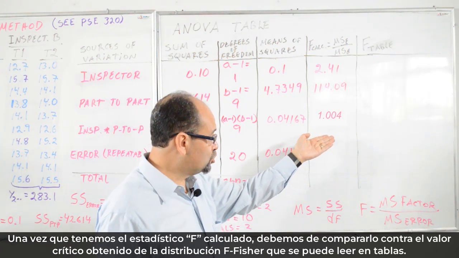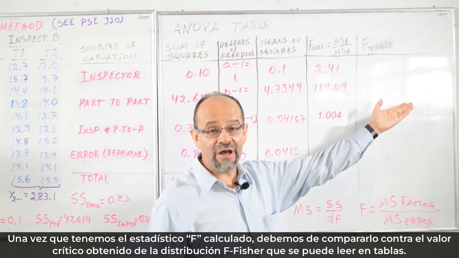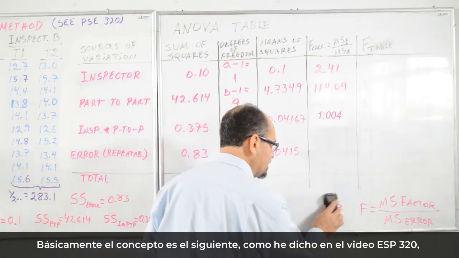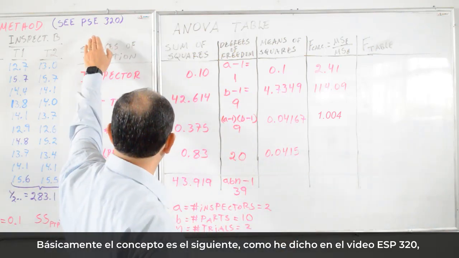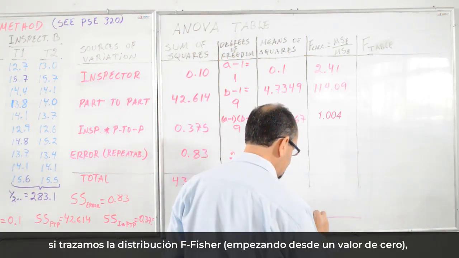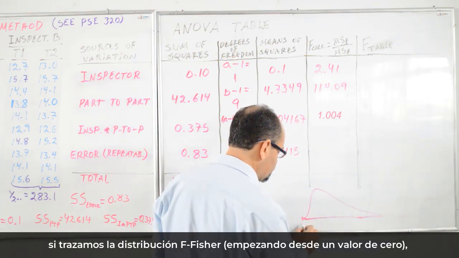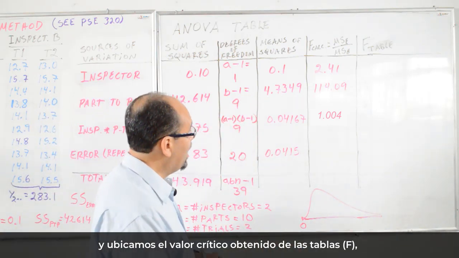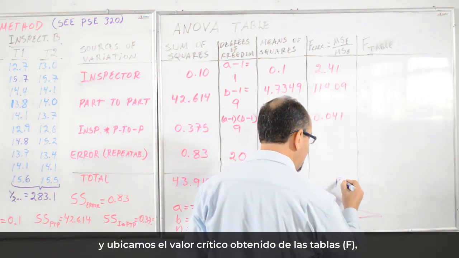Now, what should be done is to compare the F calculated against F from the Fisher table. Basically, the concept is this one, as I have said in video PSE 320. Here we have the F Fisher distribution. It starts from 0, and then we have the F from table.